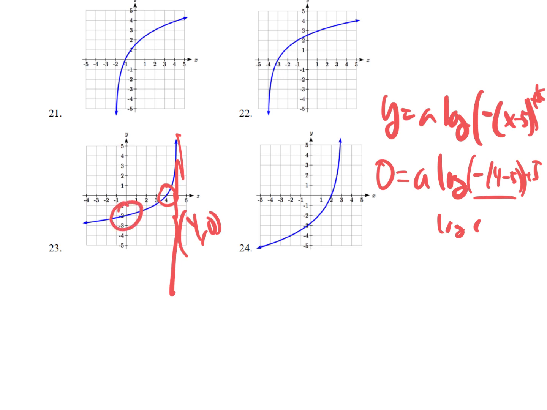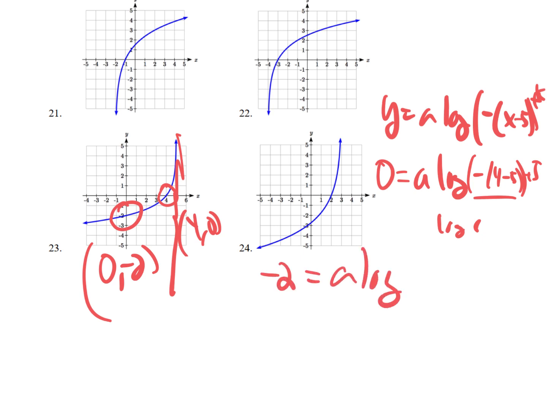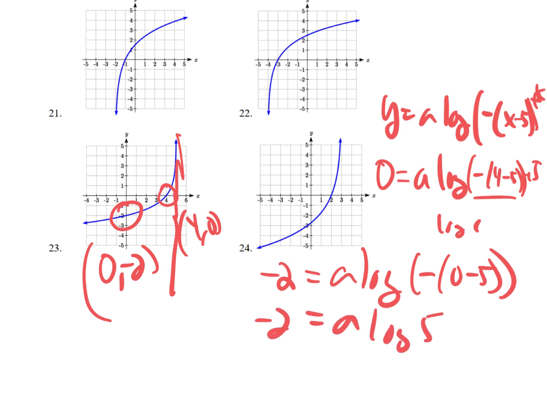Oh, the y-intercept looks pretty good. So 0, negative 2. So negative 2 equals a times the log of negative 0 minus 5. So negative 2 equals a times the log of positive 5.